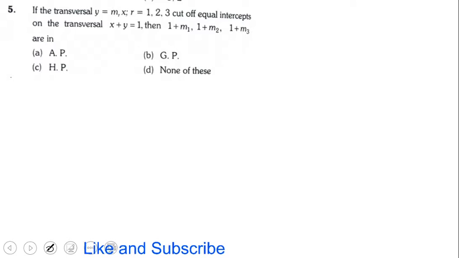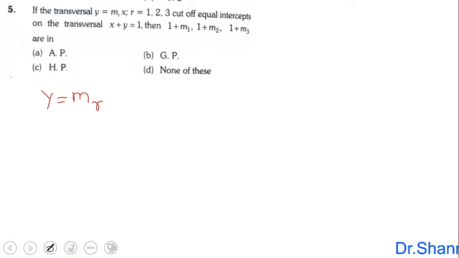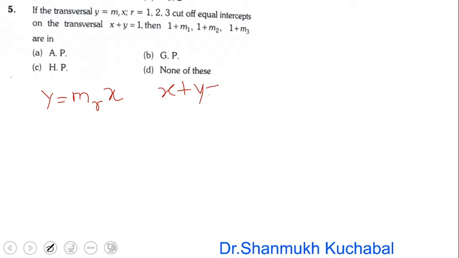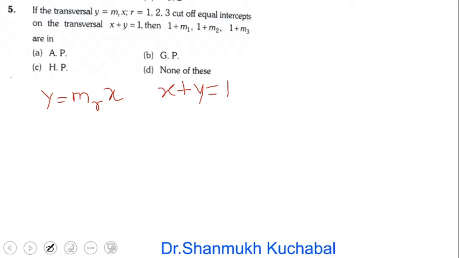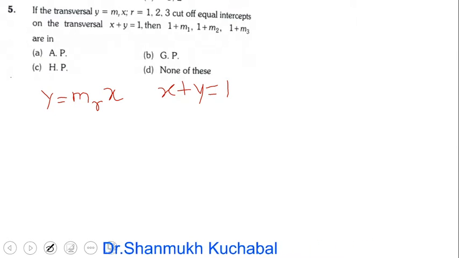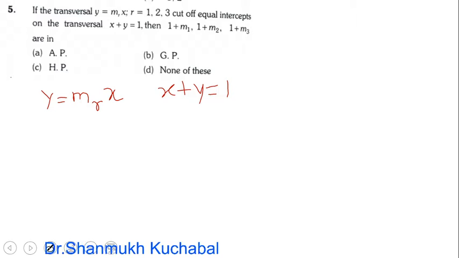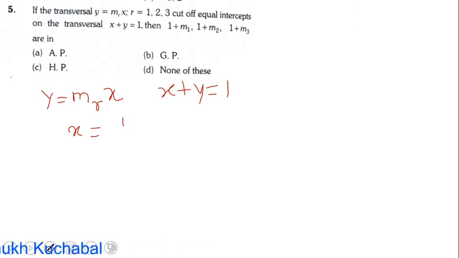Okay, so this is example number 5. We will solve the equation y equal to m_r x, and one more equation they have given, x plus y equal to 1 here. So we get the solution for x in terms of m_r. The solution for x we get as 1 divided by 1 plus m_r.